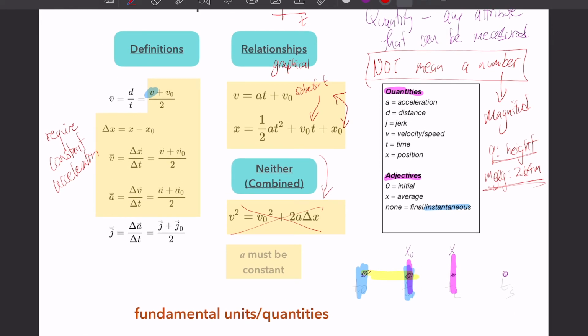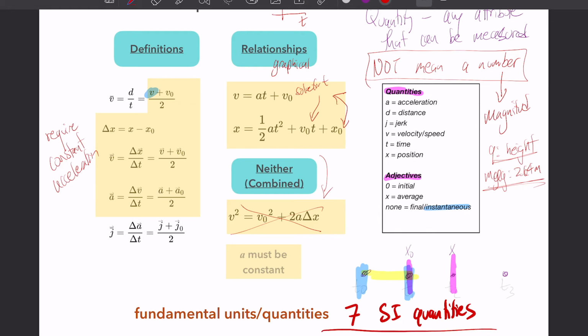The next bit of terminology I want to introduce you to is the idea of fundamental units or fundamental quantities. Fundamental quantities refer to those 7 SI quantities that we've already learned about. Those are measured in meters and amperes and so forth.